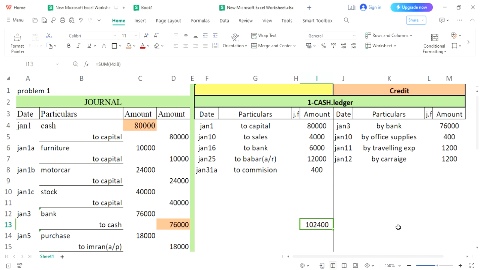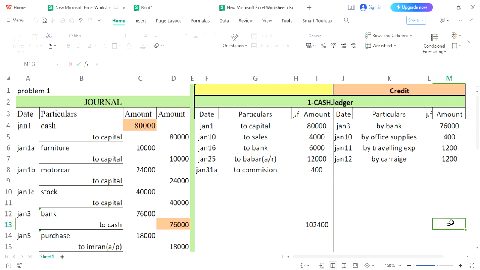It is 1,02,400, and same activity we are going to do for the credit side as well. We will sum all the amounts present on credit side and I am choosing all of these amounts. This way you have calculated the sum and we haven't put the right spelling. SUM was required to be written.